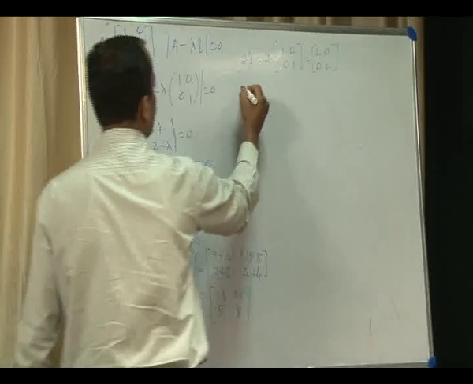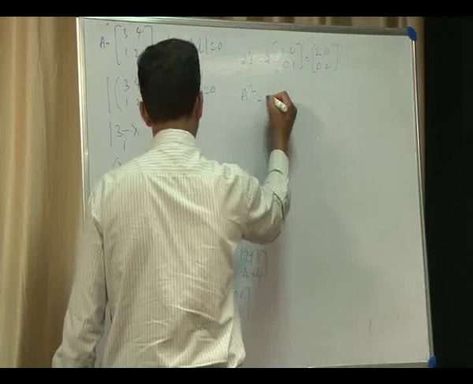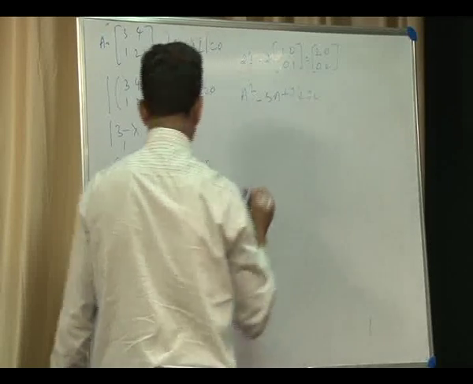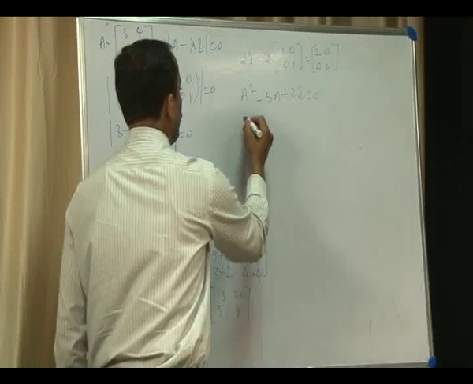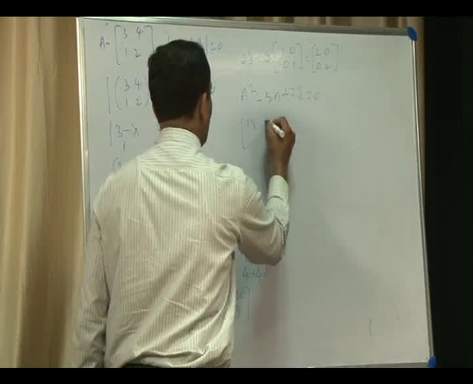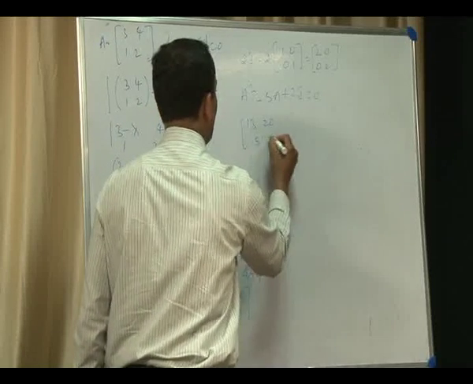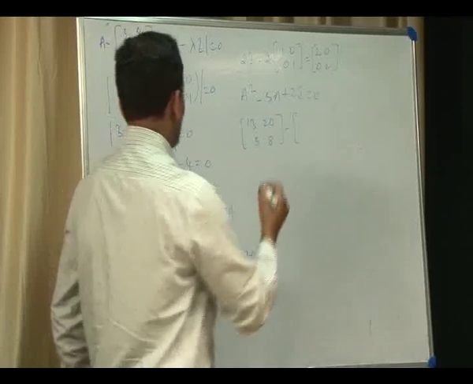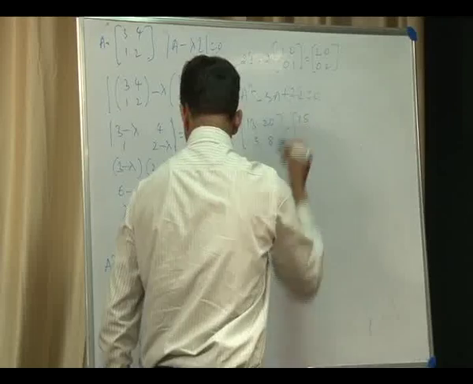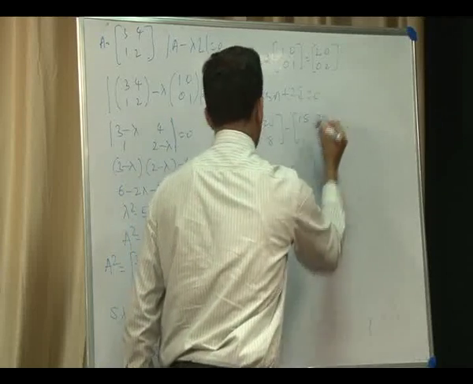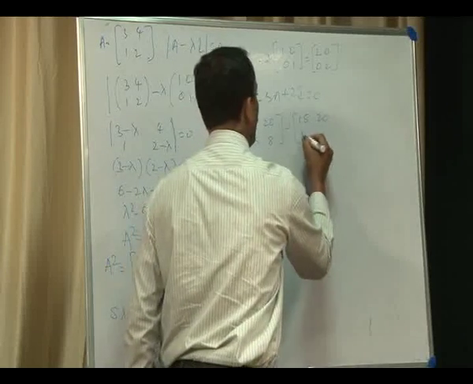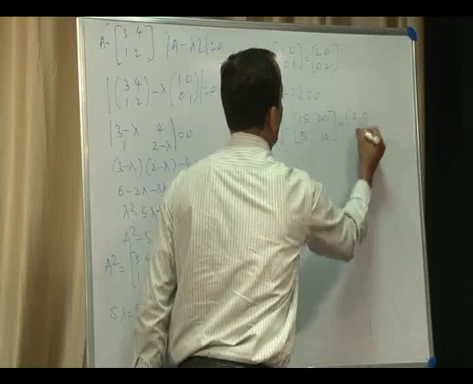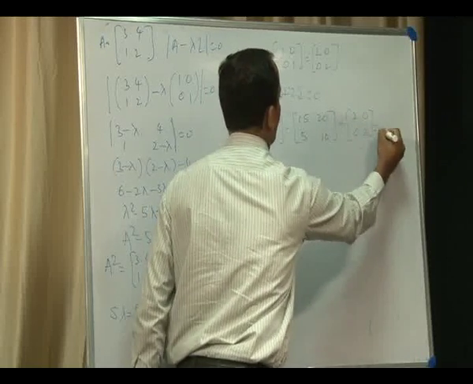Next, A squared minus 5A plus 2I is equal to 0. You substitute the A squared value: [13 20; 5 8] minus [15 20; 5 10] plus [2 0; 0 2] is equal to 0.